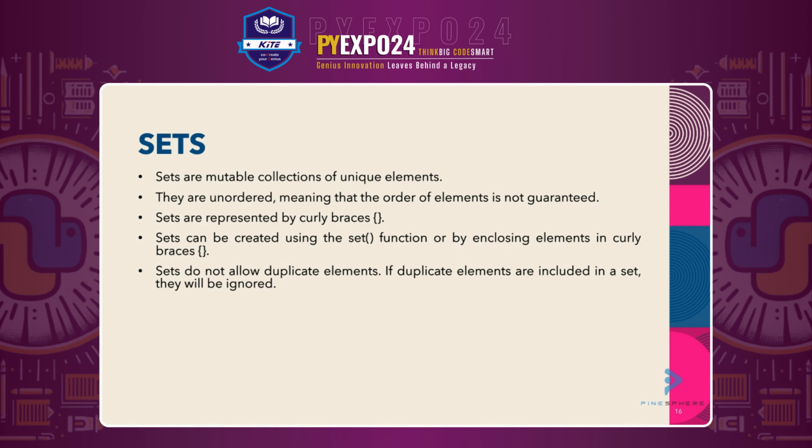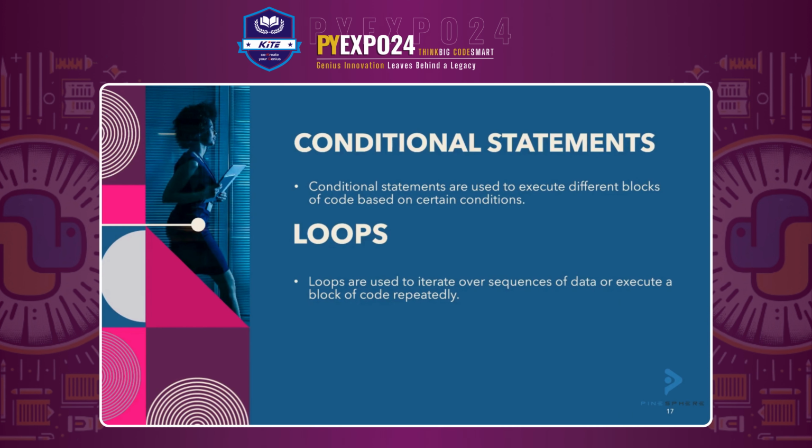Conditional statements. What are conditional statements in Python? They are used to execute different blocks of code based on certain conditions. They allow you to control the flow of your program by making decisions. Conditional statements are constructed using if, elif and else statements.